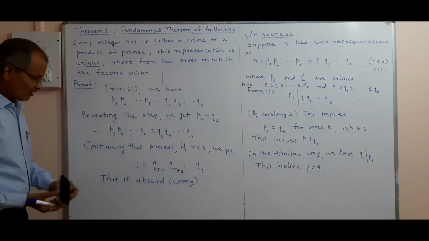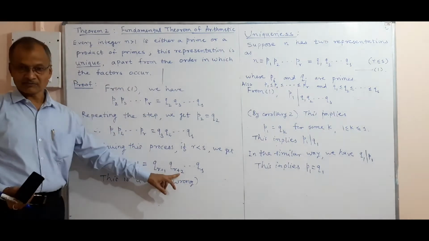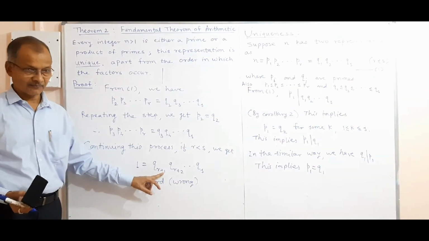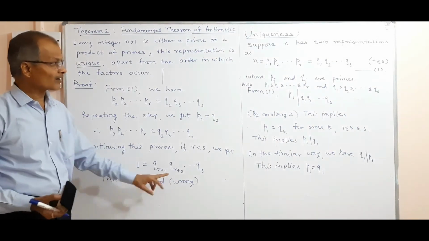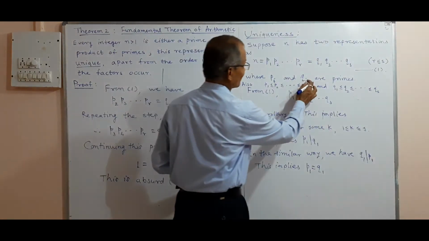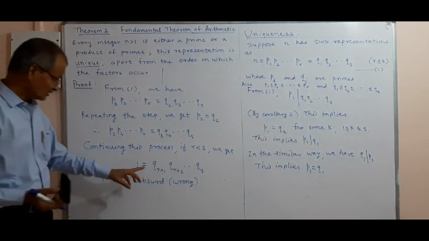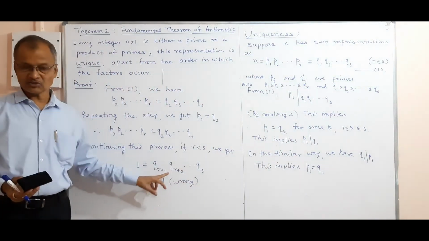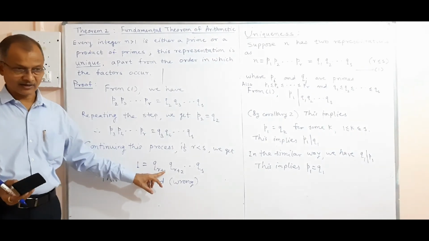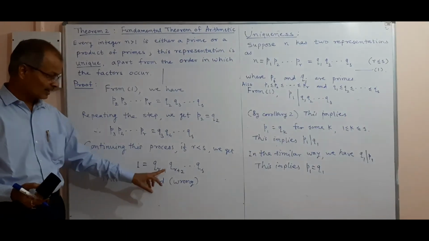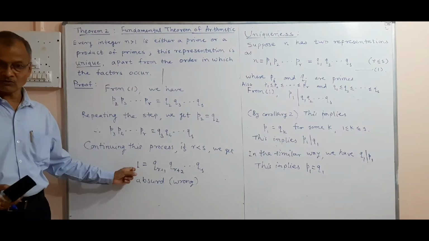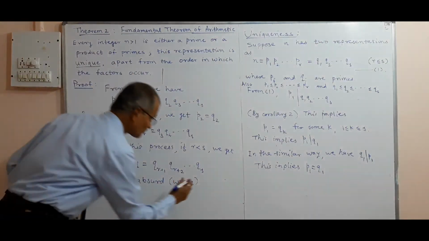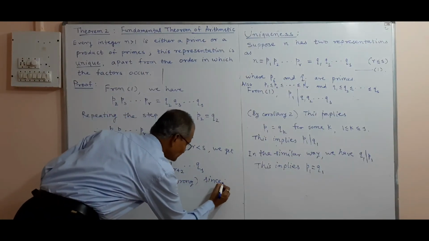Why? Because the Qj are primes and these are greater than 1. Every Qj is prime, as we have mentioned, and therefore on this right side product each factor is greater than 1, and the product of integers greater than 1 cannot be equal to 1, since the Qj are prime.